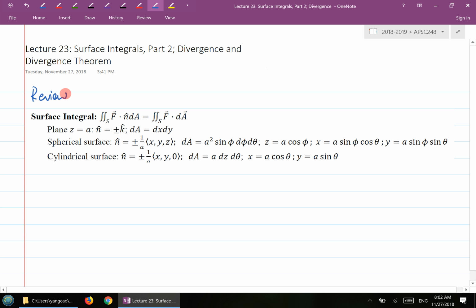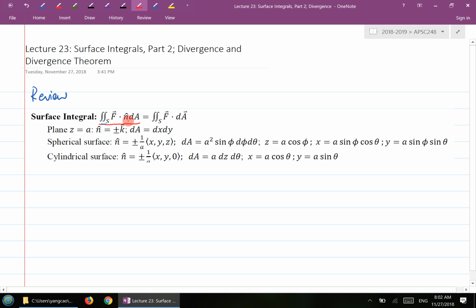Alright, so let's continue on here. We started on the concept of a surface integral. The surface integral formula is fairly straightforward. What it involves is a certain surface, and this F is a vector field dot the n hat dA. N hat represents the unit vector normal to the surface.